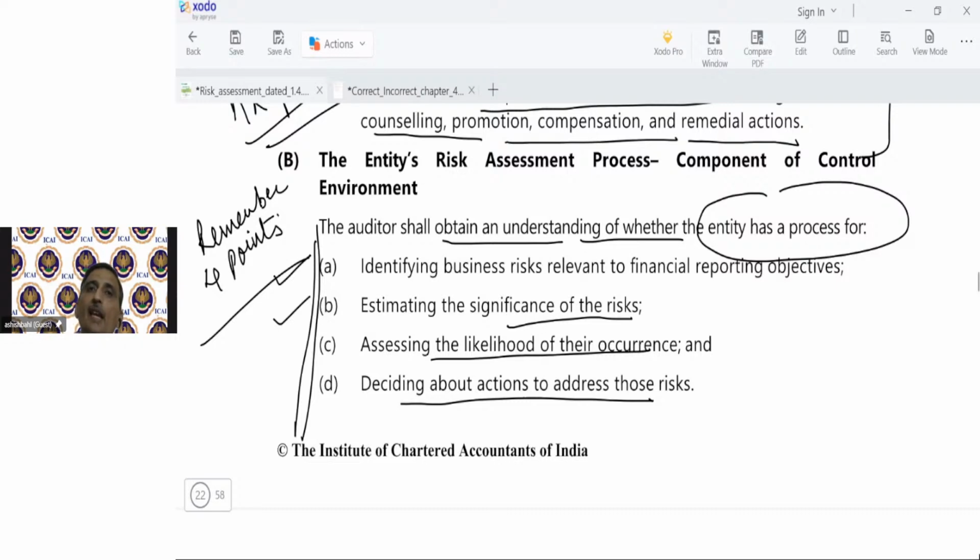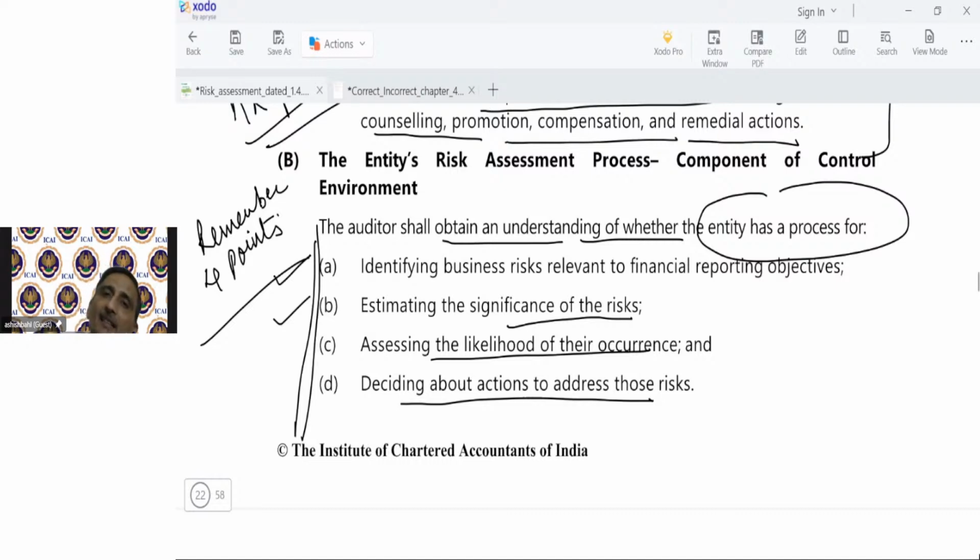You have to see why you are studying the entity's risk assessment process. Why is it important for an auditor? Because if the auditor understands the business risks of the company and knows that the company has a plan to deal with them, it also has an impact upon his audit risk.